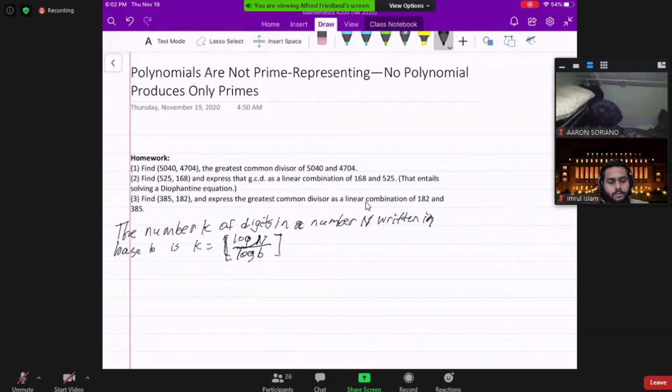And again, this is the bracket function, plus 1.